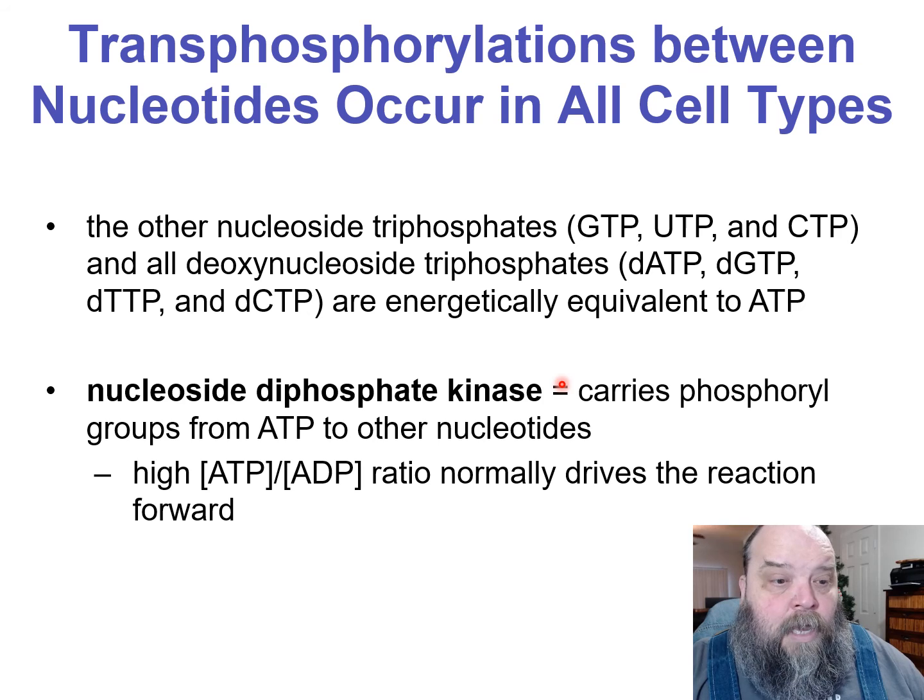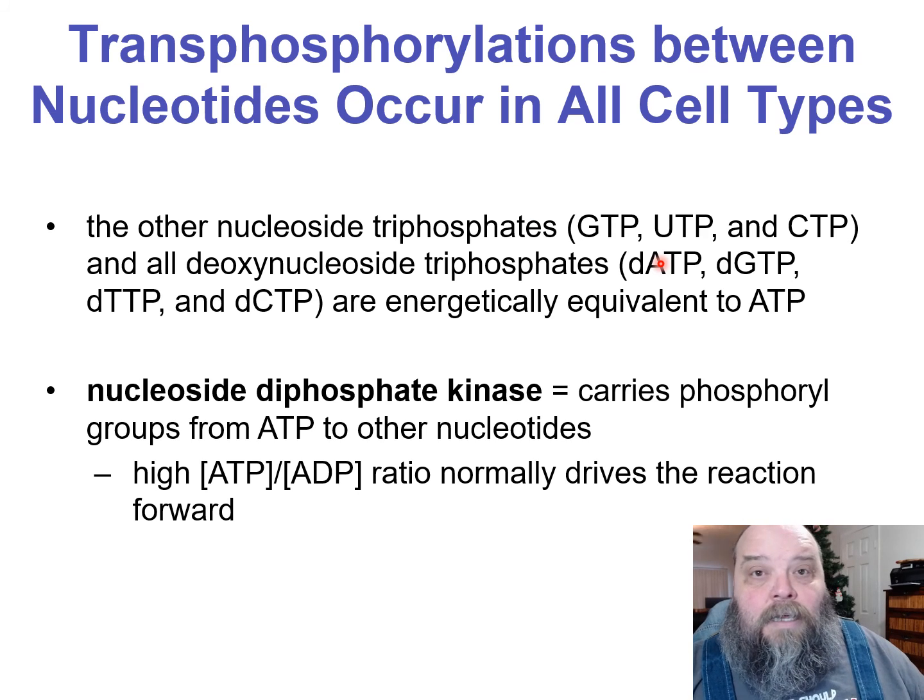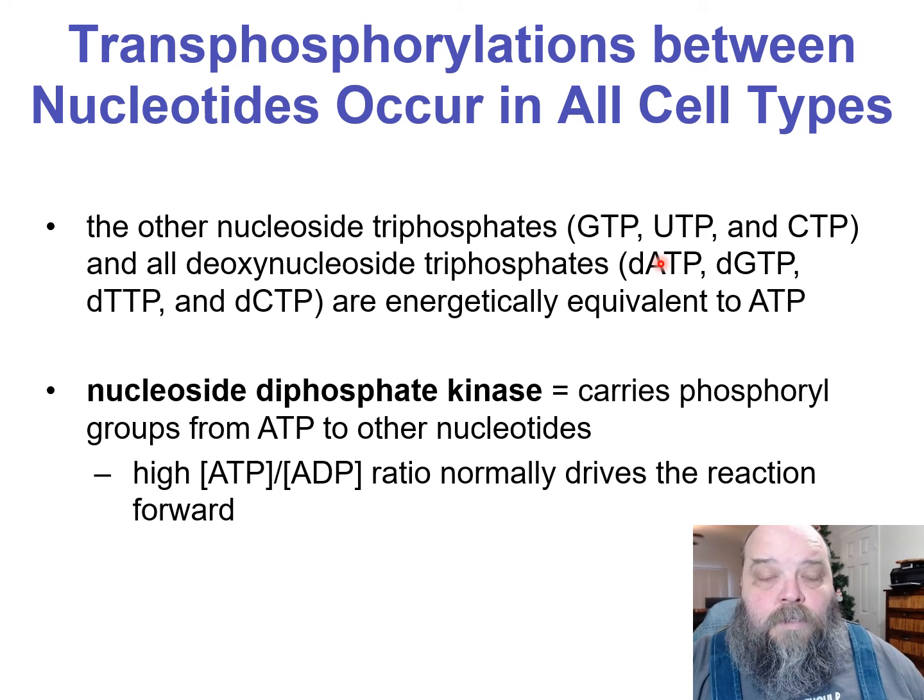Now, there are certain reactions where some of these other triphosphates will be utilized. Remember, in intracellular molecular cell biology, talking receptors, G protein coupled receptors, there are proteins that utilize GTP, not ATP, as the energy source. The hydrolysis of that third phosphate of GTP is what is used to kickstart the reactions.